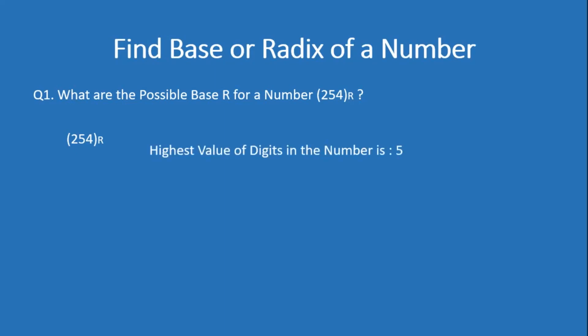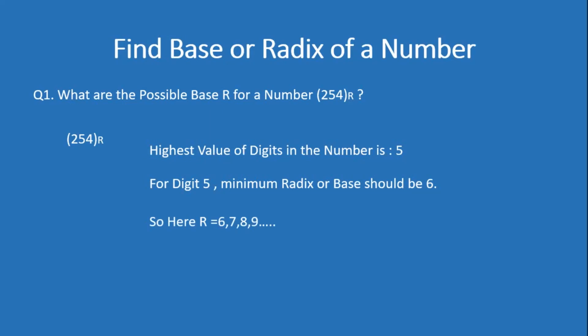So we can say that the base will be greater than 5. So the minimum radix or base should be 6, but it can be 7, 8, 9, 10, any number greater than 5. So the minimum value of the base should be 6.